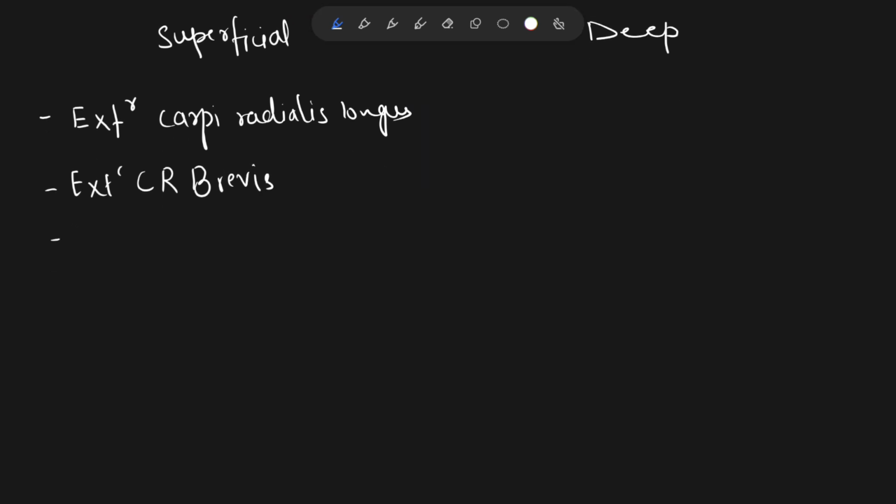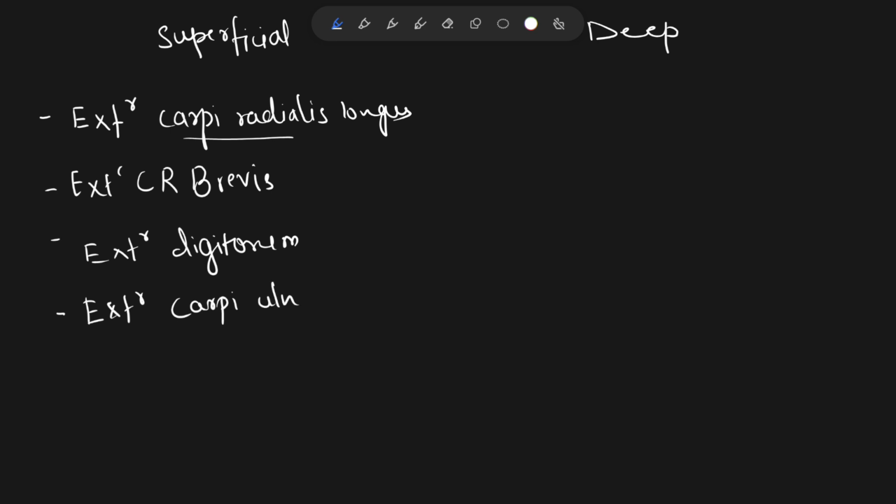We have another extensor which will go to the digits, digitorum. We have the extensor to the radial side. We will have extensor carpi ulnaris to the ulnar side, and then extensor digiti minimi to the little finger.